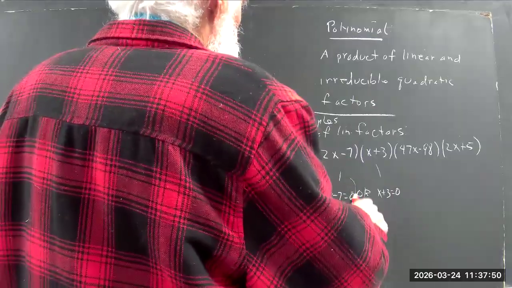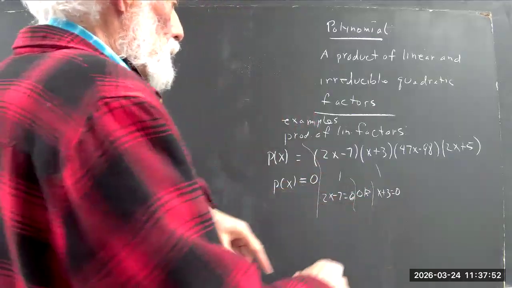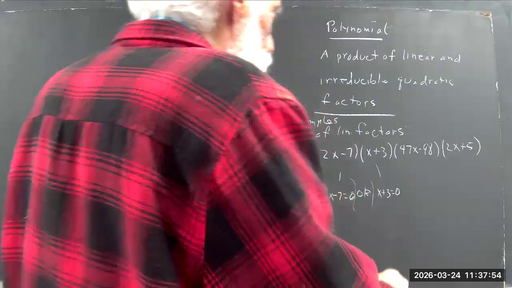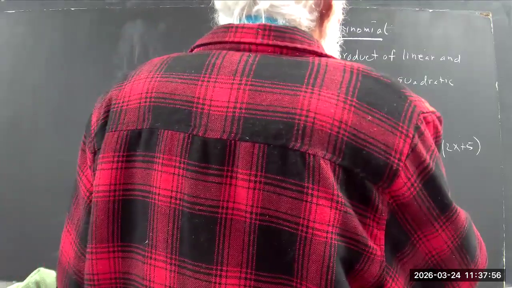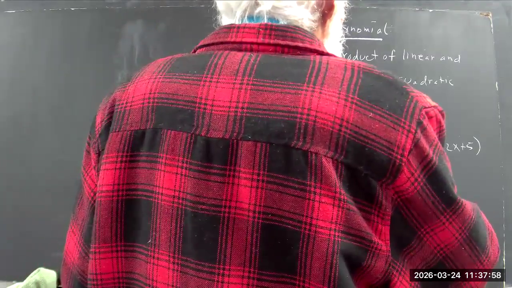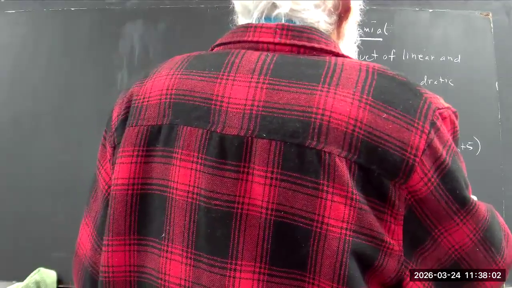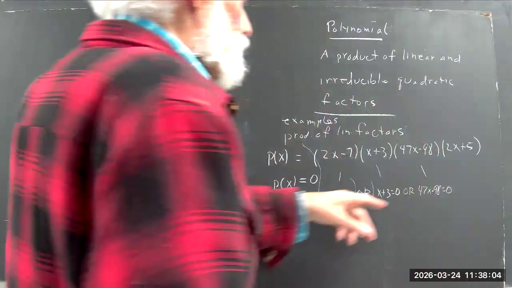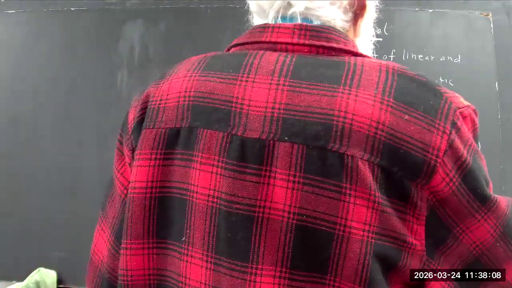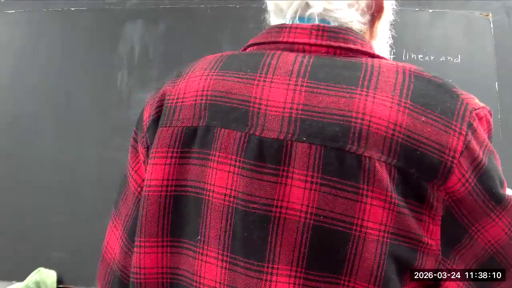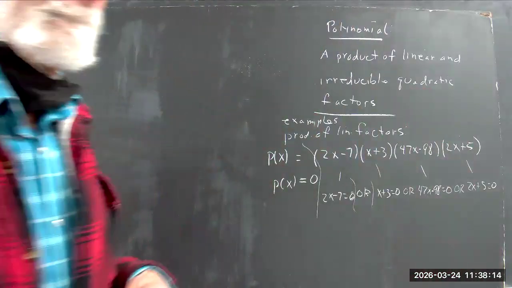We could say, okay, 2x minus 7 could equal 0, or x plus 3 could equal 0, or 47 minus x minus 98 equals 0, or just got room here, 2x plus 5 equals 0, right?